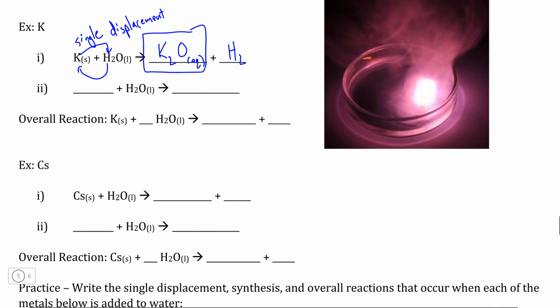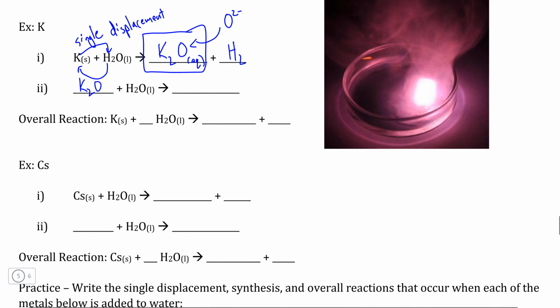Now, as with every metal oxide, potassium oxide is very, very unstable, and this ionic compound, specifically the oxygen ion, will undergo a subsequent synthesis reaction with water that we'll see in the next step.